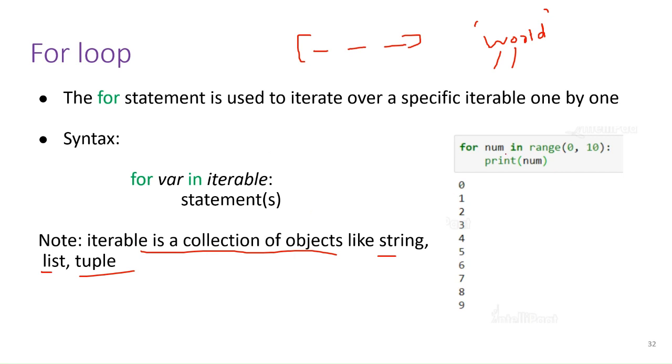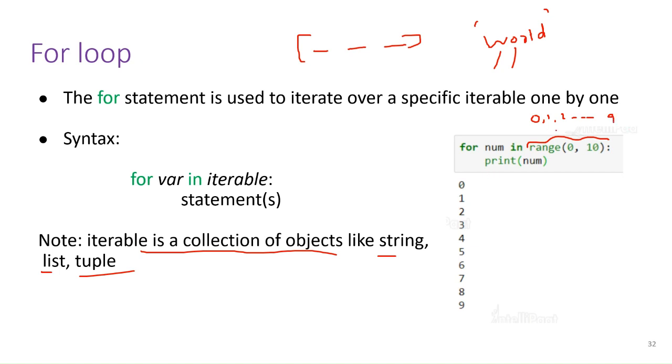So for variable in iterable statements. Here the example is for num in range 0 to 10. What is the use of this range? At the beginning I explained it will give 0, 1, 2, 3 up to 9, a collection of digits.